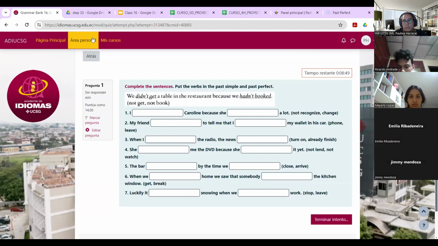And Miss, can I have a second opportunity in the exercise 1B of grammar? Or 2B? Yeah, it should be. Don't worry. 1B is 1B.